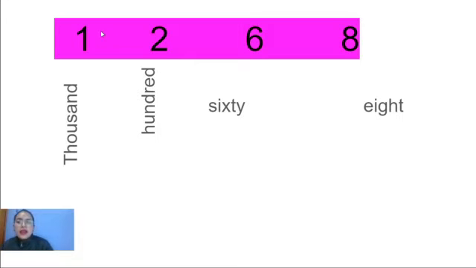Recuerde, la primera, ocupamos 1000, menciona el primer numerito. El siguiente numerito, 200. Y el siguiente podemos leerle unido, 68.